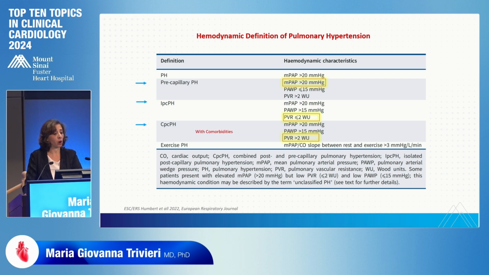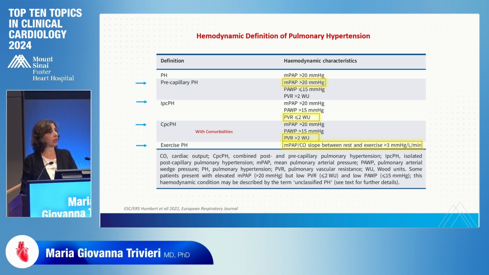We talk about a combination of precapillary and postcapillary with comorbidities usually. Anytime the mean pulmonary arterial pressure is greater than 20, but the wedge is more than 15, and the PVR is more than 2. And in the latest guidelines that were published in 2022, they also reintroduced the concept of exercise-induced pulmonary hypertension, which had disappeared from the guidelines in 2015.